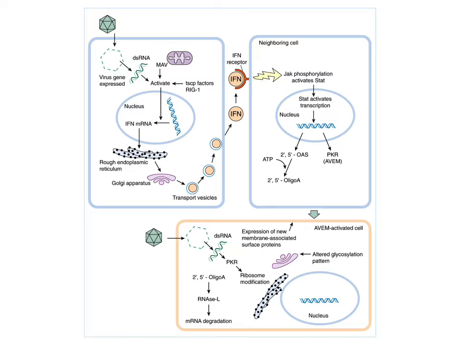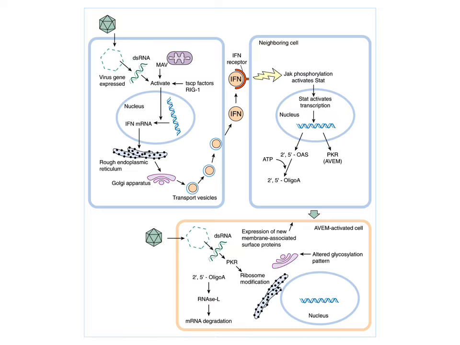Up at the top left, you have a cell becoming infected with virus. This triggers the production of interferon. The interferon is released. Now remember, interferon is not going to help that cell that just got infected. Interferon is a cytokine. It's a signaling molecule.